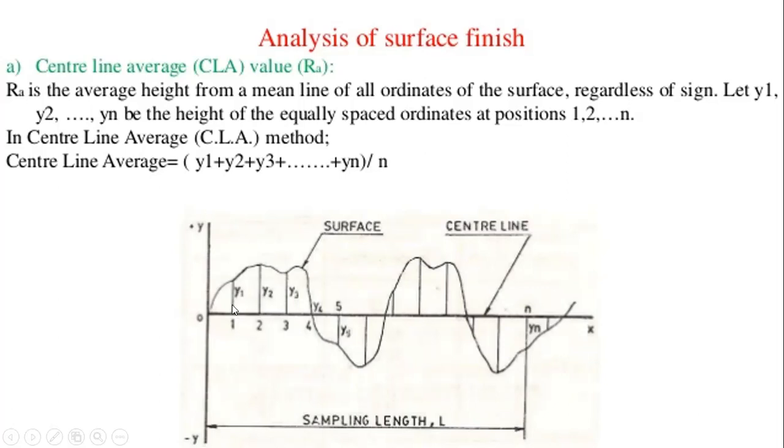If we have only three ordinates, we take n as 3 only. The origin position and the final position are indicated by the sampling length, that is the end of the sampling length.